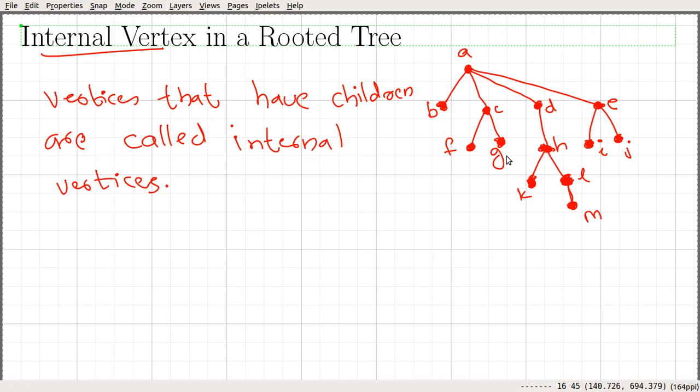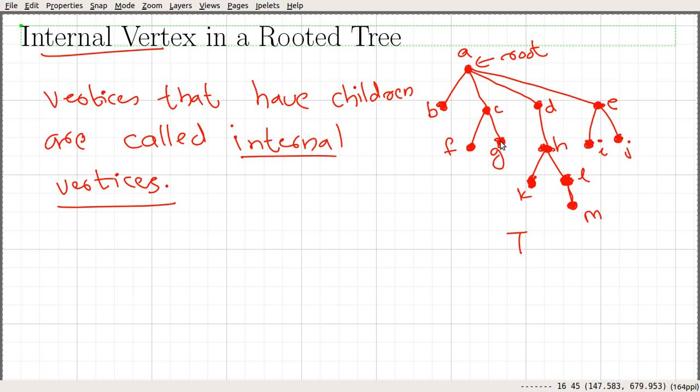So for example, if we consider this tree T, suppose that A is the root. We always assume all these edges are directed away from the root. Normally when we draw a tree, we want to give direction to these edges; that's implied in the definition. So vertices that have children are called internal vertices.